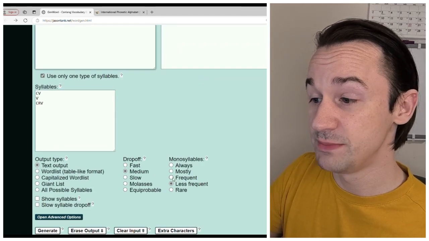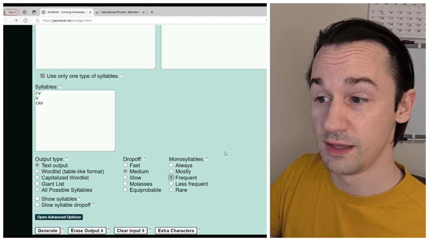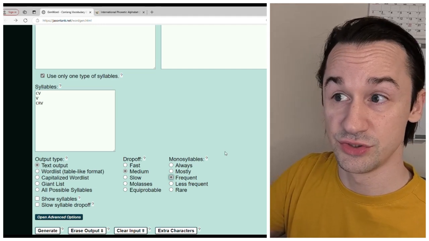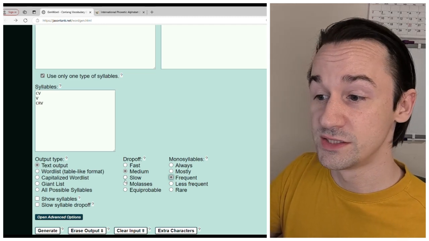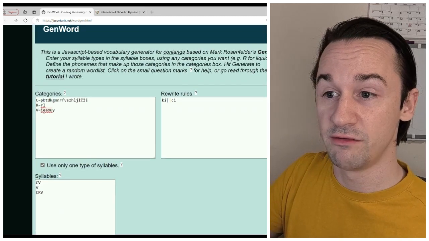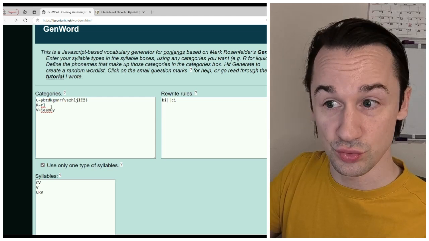I do want the language to be very frequently monosyllabic. I think it just makes it easier in general. Wow, that might change when we come to the grammar. We'll see. But also the drop-off of how often each sound is used.